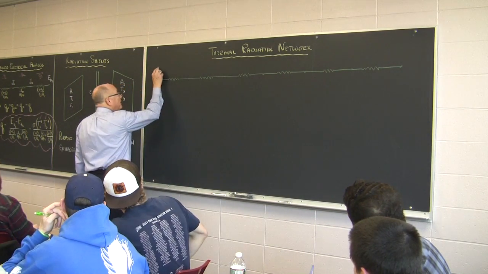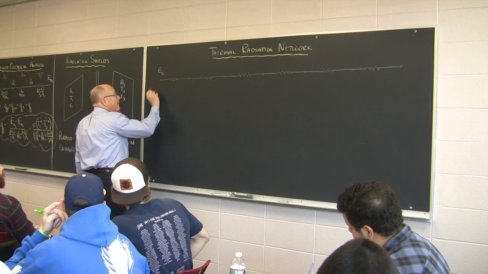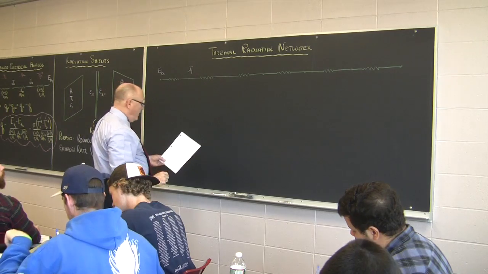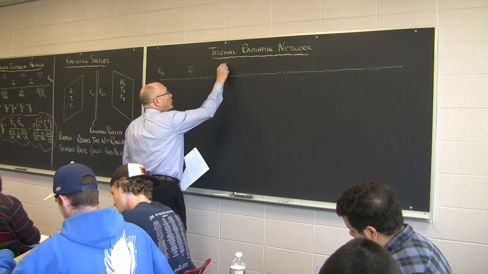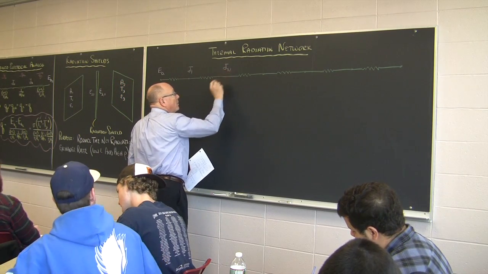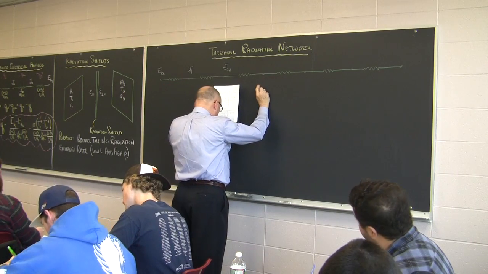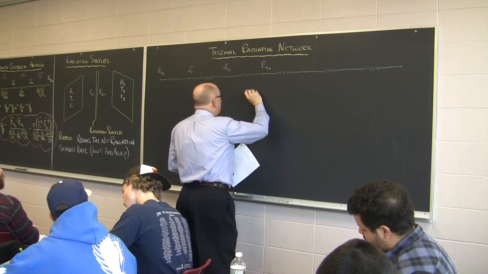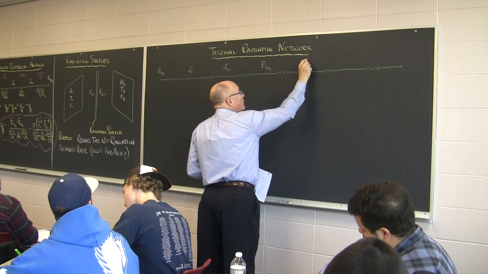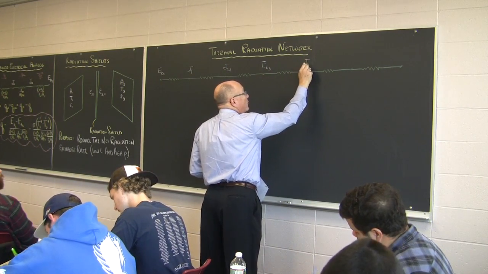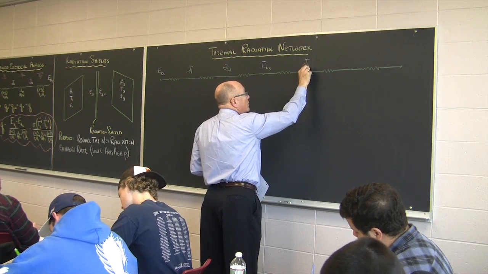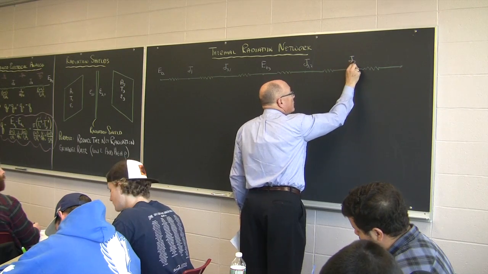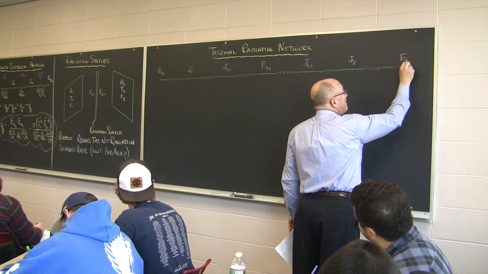We'll have Eb1, and we'll have J1. And then we'll have J3,1. And we'll have Eb3, which is the body itself. Over here we'll have J3,2. Then we'll have J2 and Eb2.